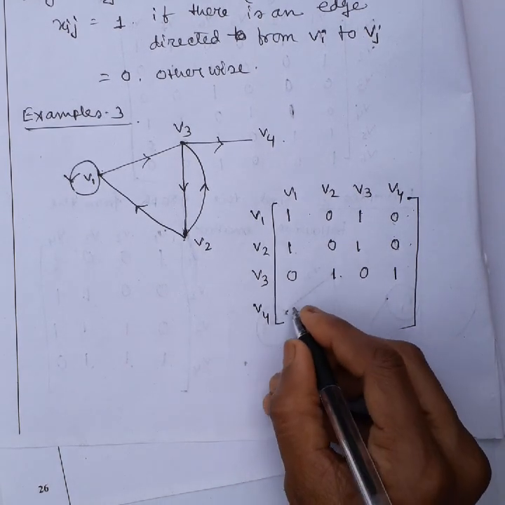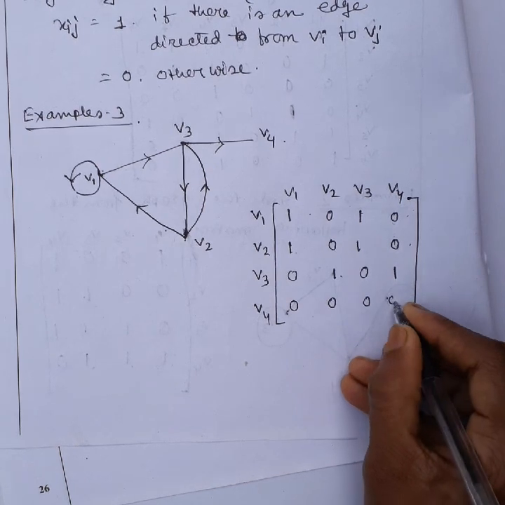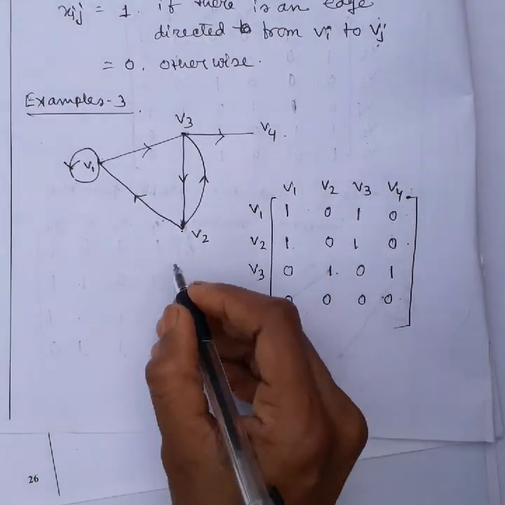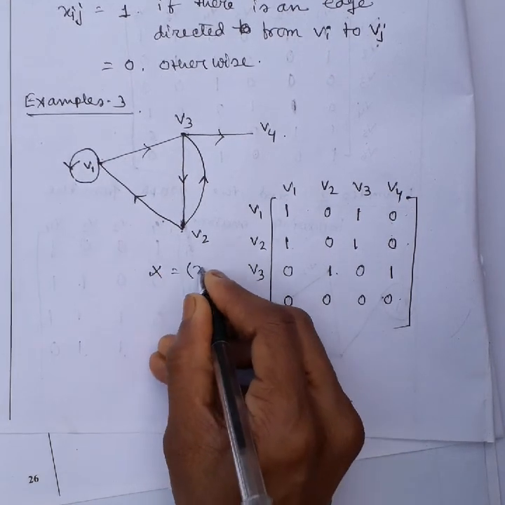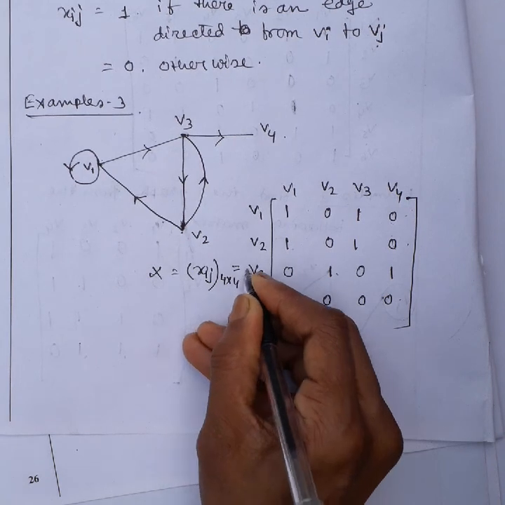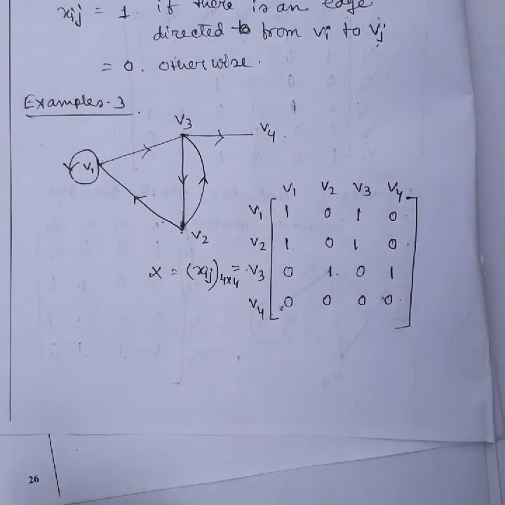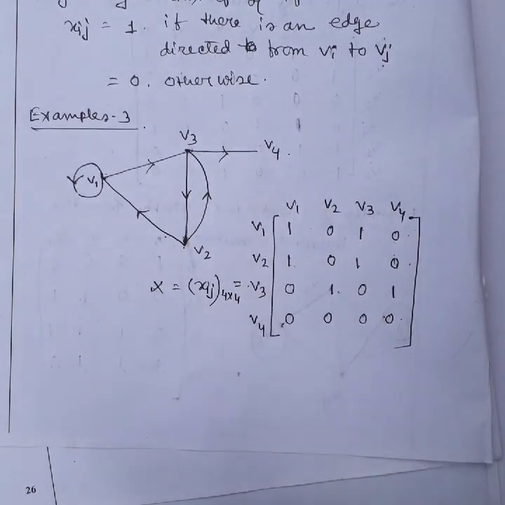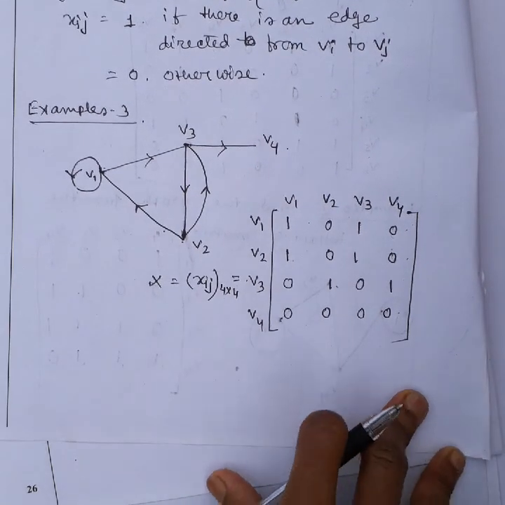Okay, and there is no edge from V4. So this is our adjacency matrix, 4 cross 4. Similarly, from the matrix we can draw the graph also.